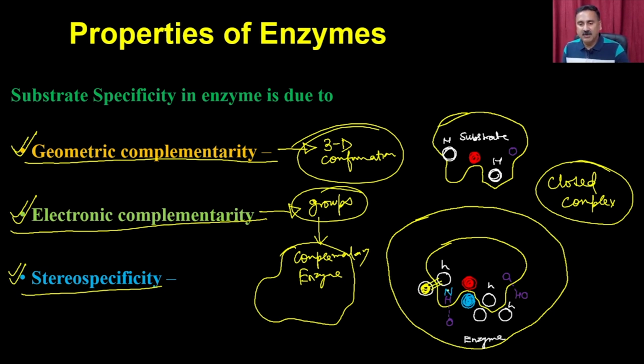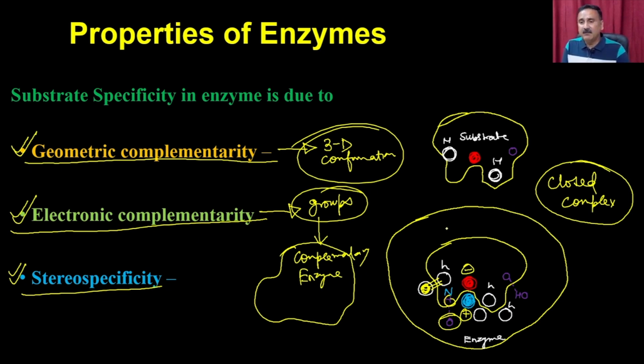Similarly, there is hydrogen bonding, there will be a hydrogen donor and a hydrogen acceptor, right? So that is also present here. Then you have the negative charge here and the positive charge on the enzyme. So that is how they are going to have the salt-bridge interactions and so on. Because this is present at very precise locations, you are going to recognize only this substrate, not the other substrate.